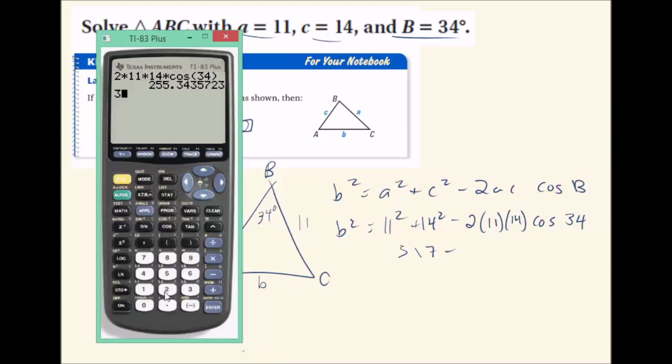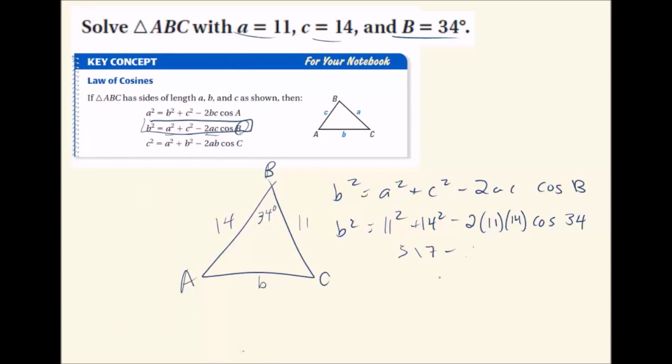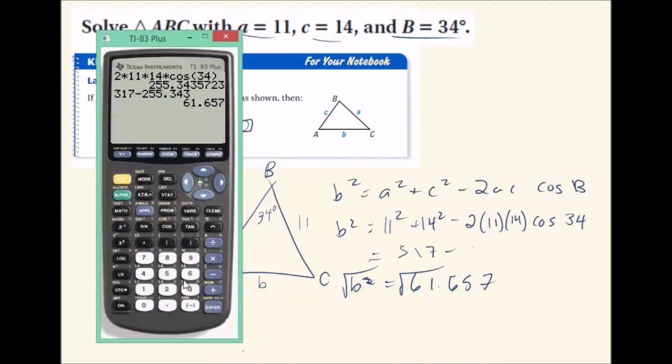And we get 317 minus that, which is 61.657. However, this is b squared, and we have to solve for b, so we need to take the square root of that to get the actual answer. The square root of 61.657 is 7.852.